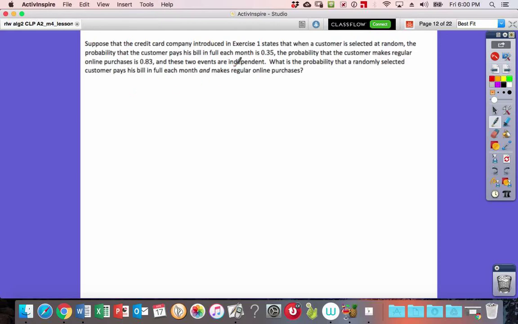And they have to tell you they are independent, because there's no way I would know whether that was true or not. What is the probability that a randomly selected customer pays his bill in full, 0.35, and makes regular online purchases? I'm going to multiply them together.